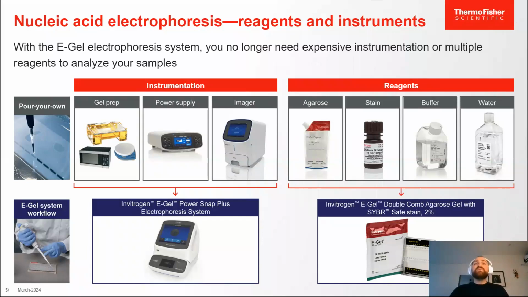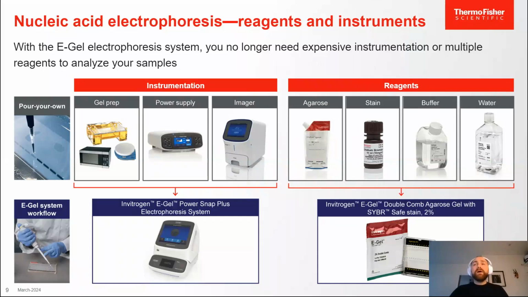Then you will definitely need the gel tank in which the actual electrophoresis will be performed. Then you need the power supply, which can produce the required voltage. You need an imager for your experiment documentation. And then you also need all the reagents.